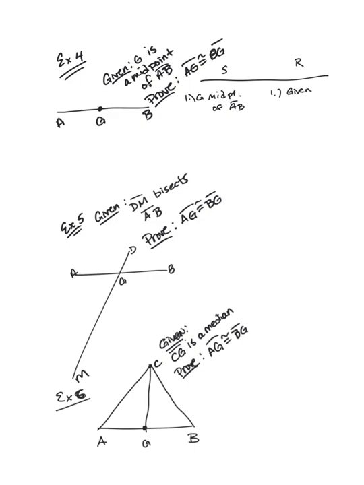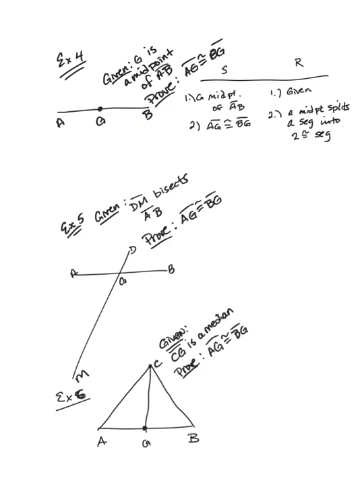I can jump right to the conclusion that AG is congruent to BG. They're congruent because a midpoint splits a segment into two congruent segments, right? A midpoint splits a segment into two congruent segments.